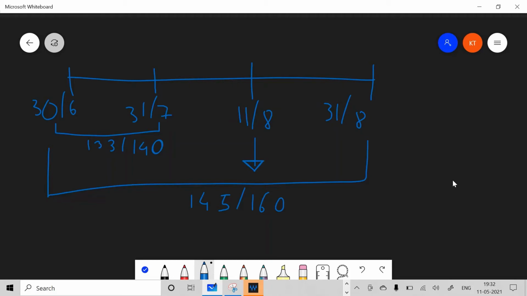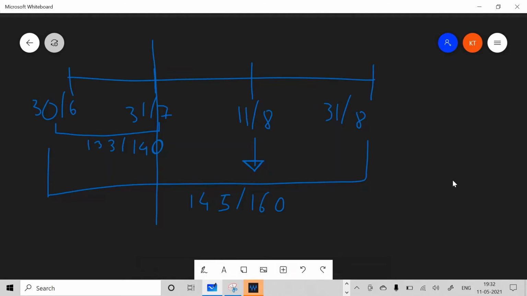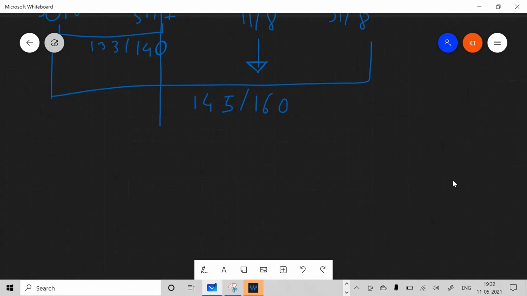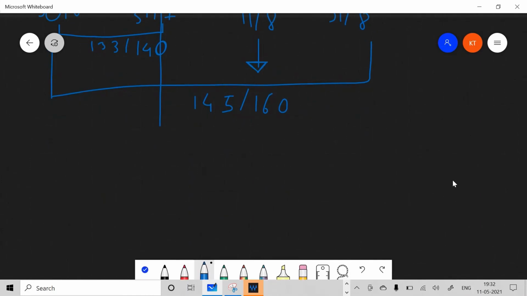What we basically do in this case is, say till July we know that the premium is 133 pips to 140 pips, but for the total period from 30th June till 31st of August we have 145 to 160 pips. So for bid, the premium swap points would be 133, then you are adding till 11th of August.